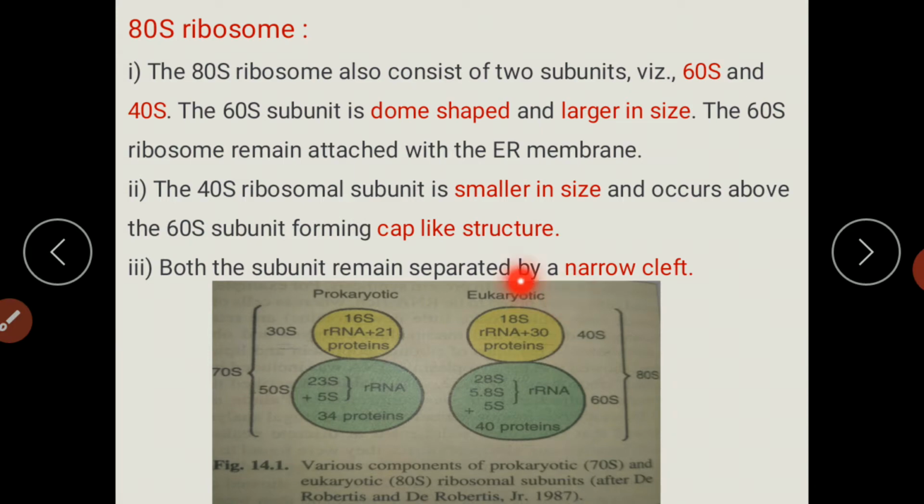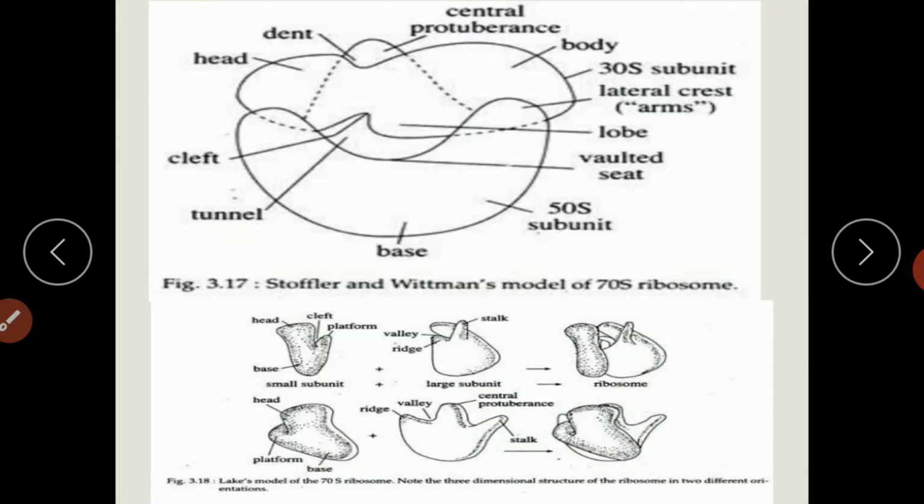When these two subunits attach to each other with the help of Mg2+ ions, they form a narrow cleft. This narrow cleft is for the sitting of the RNA molecules. So this is about the 80S ribosomes.